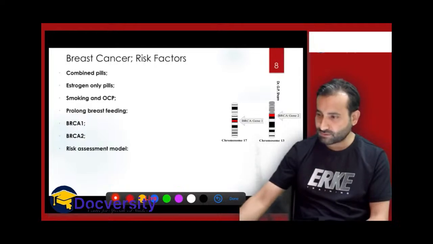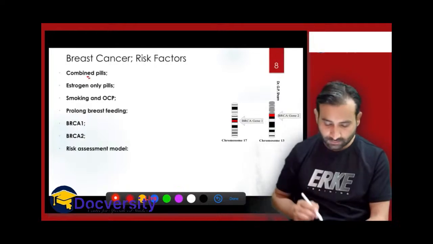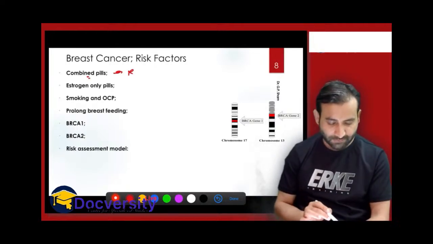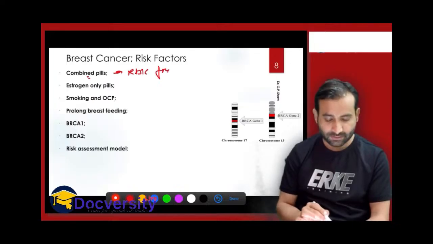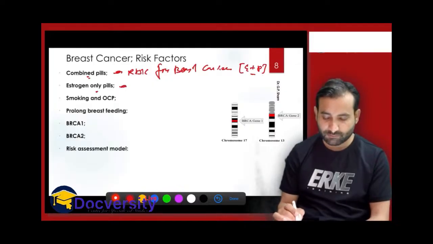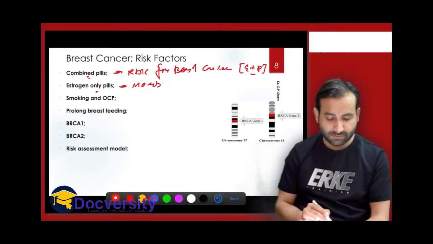Breast cancers. Now let's go to the breast cancer risk factors. Remember, combined pills are a risk for breast cancer. This is a question in the exam, okay? Combined pill means estrogen plus progesterone. But if it is only estrogen pills, then there is no risk of breast cancer. It's a question in the exam.